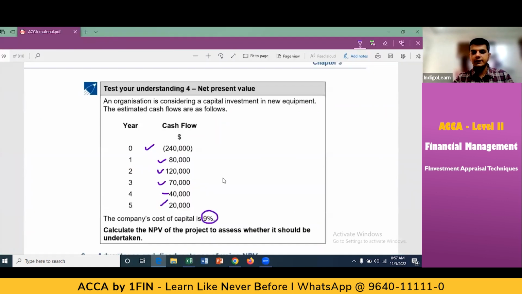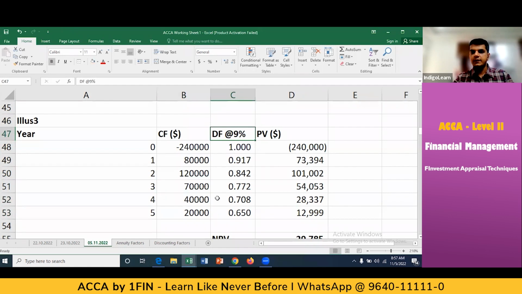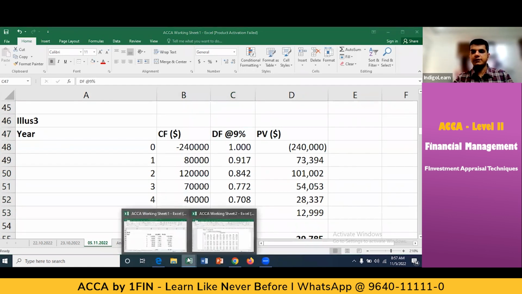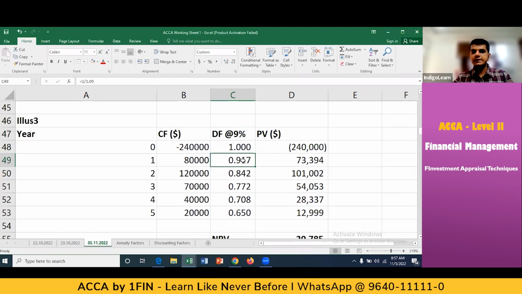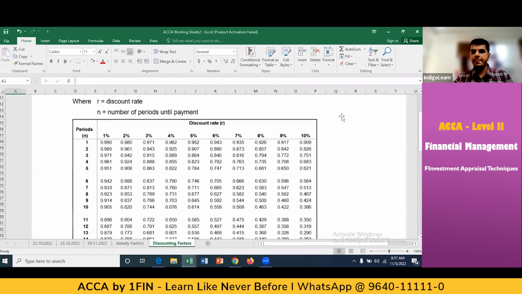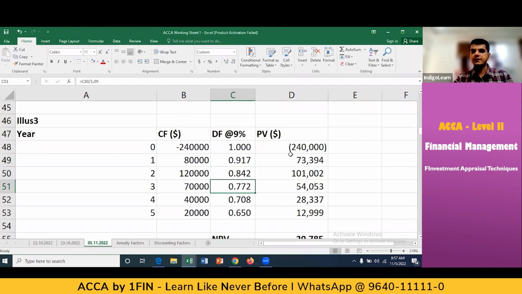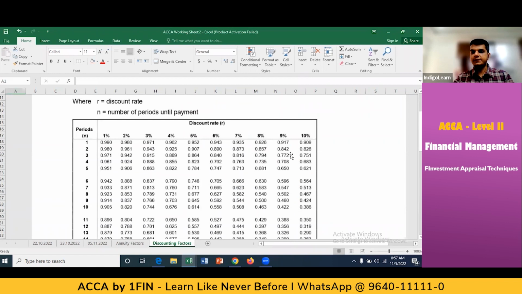Now the discounting factor is 9%. So same way, either we can do directly via calculations on Excel, or we can just see from here. That is 9%. First year it is 0.917, 0.842. Then we have 0.772, 0.708, and 0.650.